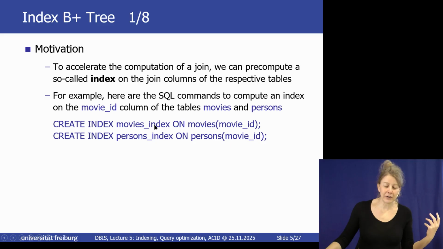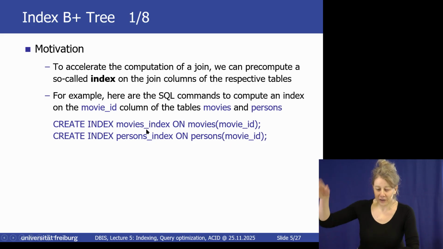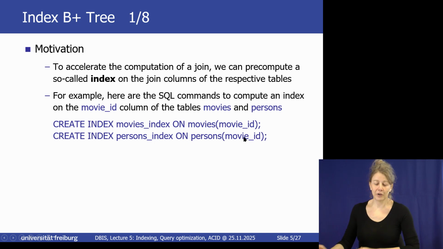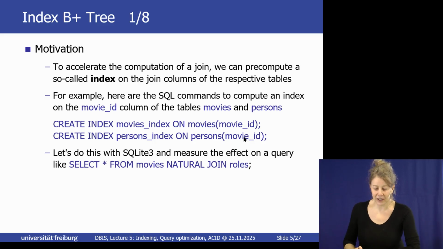I don't really need the name later, except if I want to delete the index or list all indexes, because the system will use it automatically. And another one, create index on the table persons and the same column. So now I have 2 columns where I've created an index, and the next slides will be about what that means. What did I do now, creating an index?